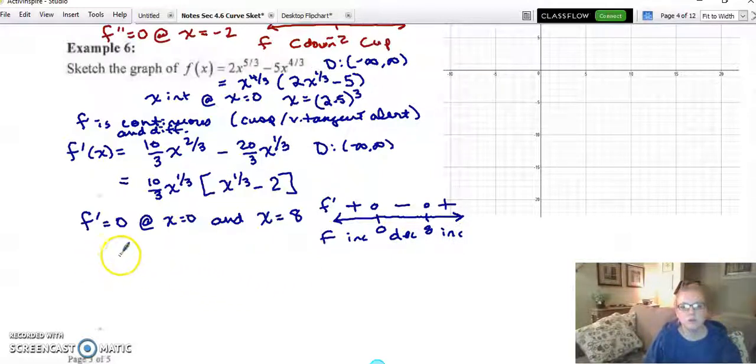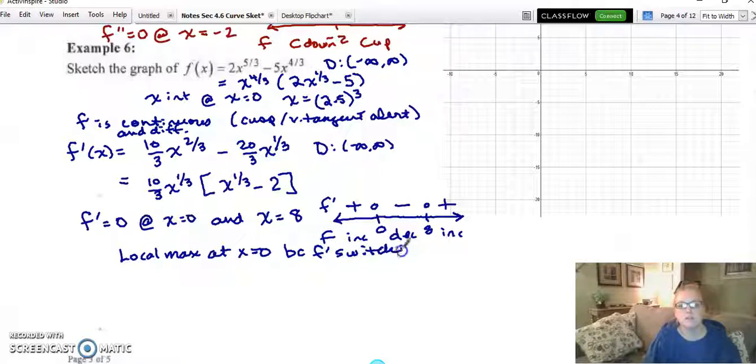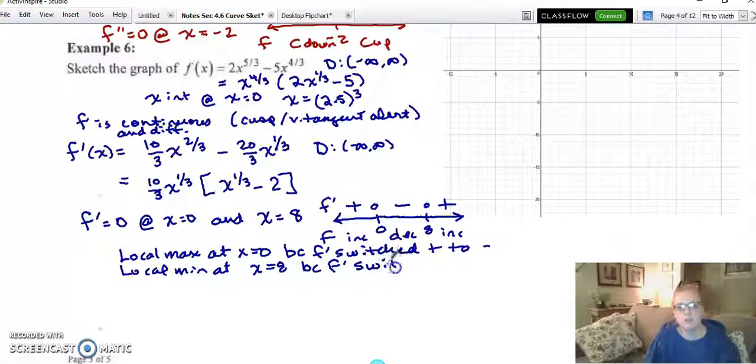There is going to be a local max at x equal to 0 because f prime switched from plus to minus. There's going to be a local min at x equal to 8 because f prime switched from minus to plus. We'll need the function values: f of 0 is actually going to be 0, so the point (0, 0).